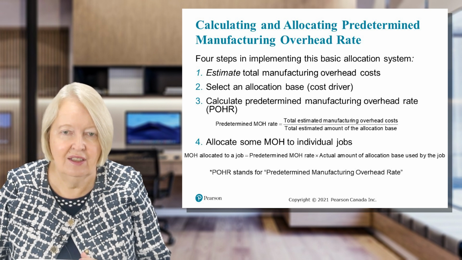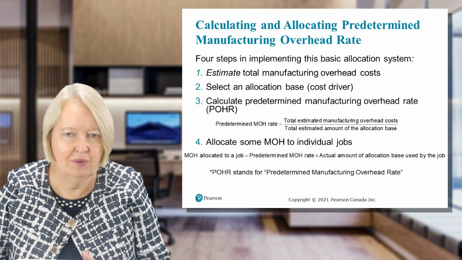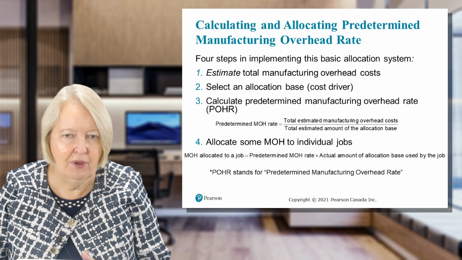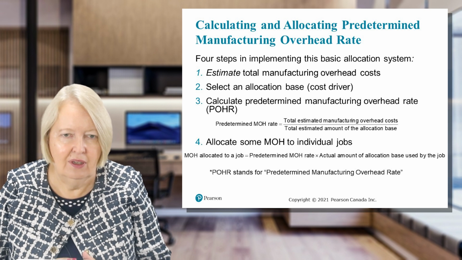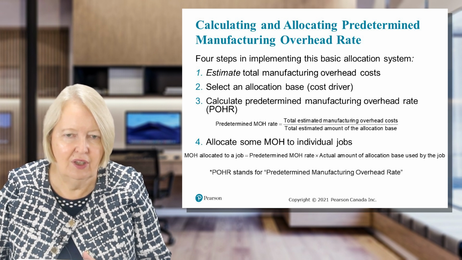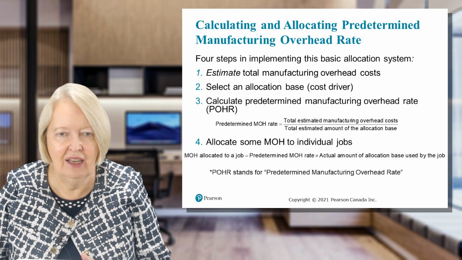Then you're going to select a cost driver. A cost driver can be, for example, direct labor, direct material, etc. If it's a lot of manual work, then you're probably going to use direct labor as your allocation base.